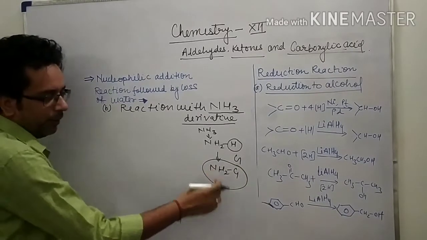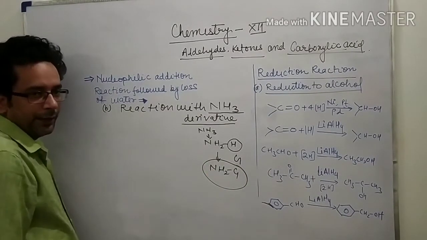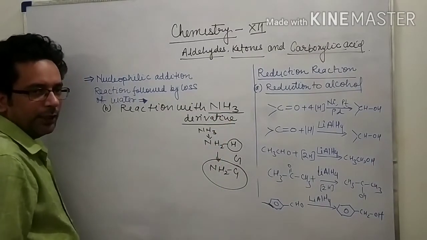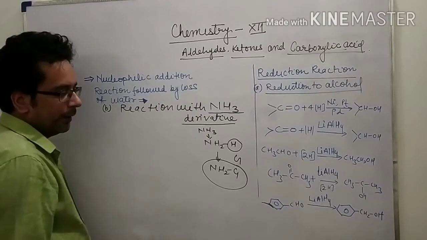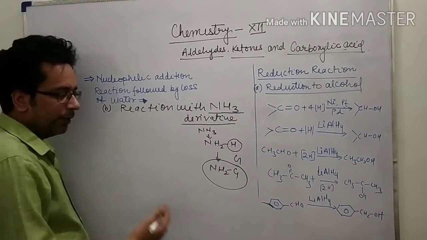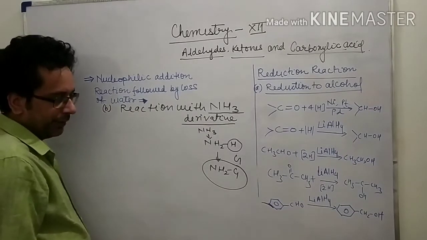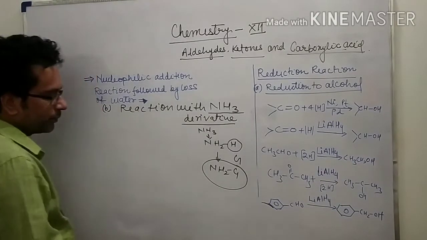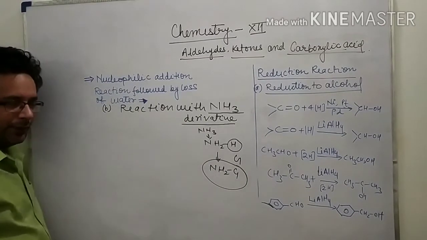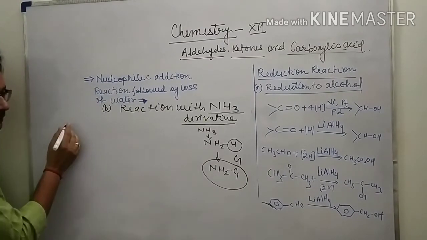This compound is known as ammonia derivative. Means this is ammonia, one hydrogen is replaced by another group, then that compound is known as ammonia derivative. So how do aldehydes and ketones react with ammonia derivative? So look here.